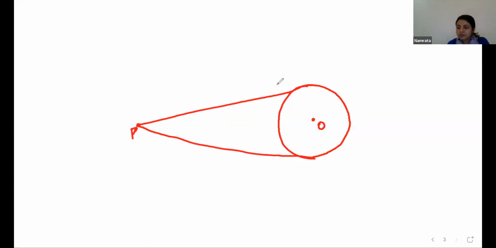Let me give it a name. PB and PA are both inclined with each other at a total of 80 degrees.